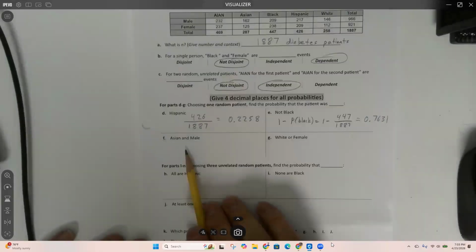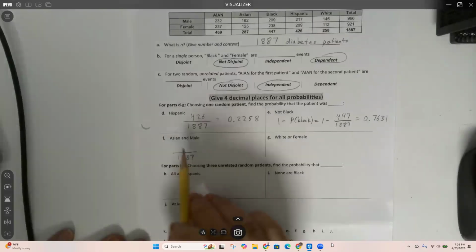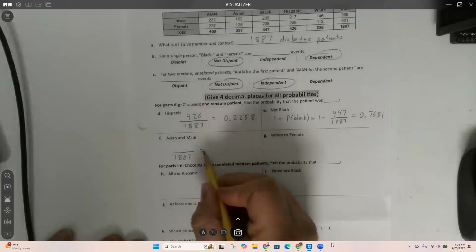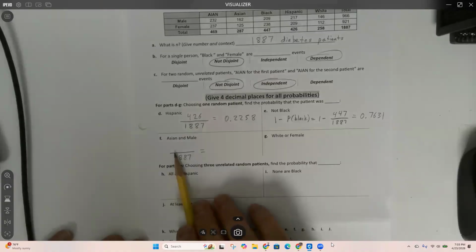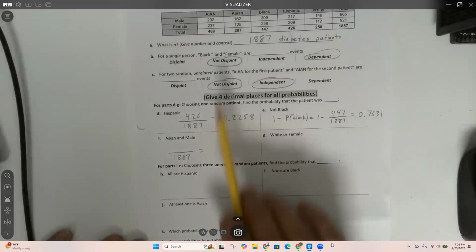What is the probability that the patient is Asian and male? What number do I put in my numerator here? How many were Asian and male? So the male row is this one. The Asian column is this one.